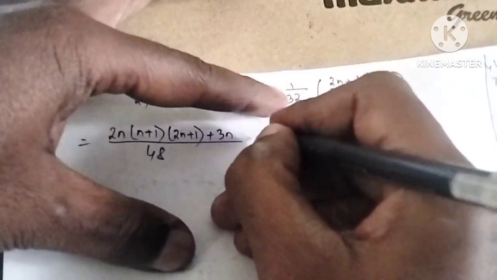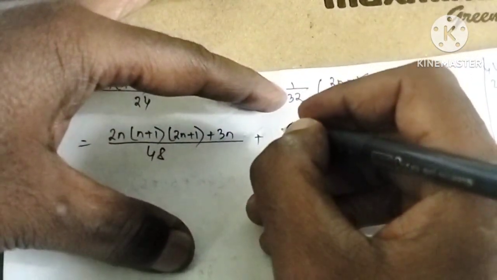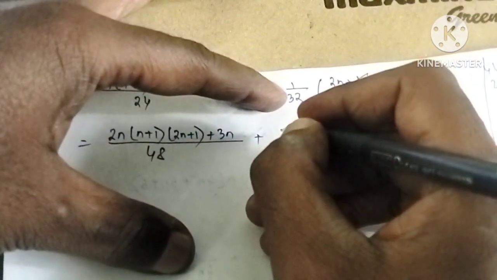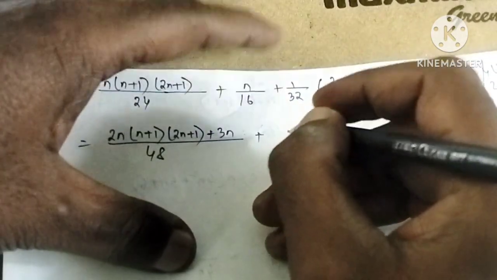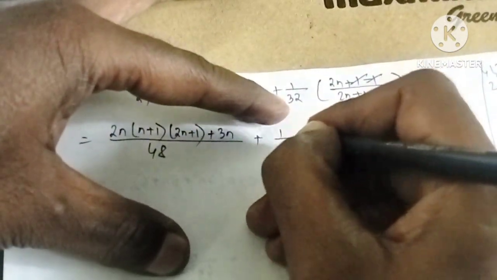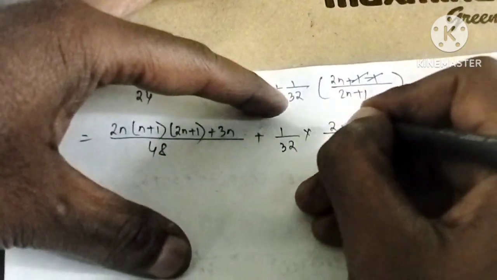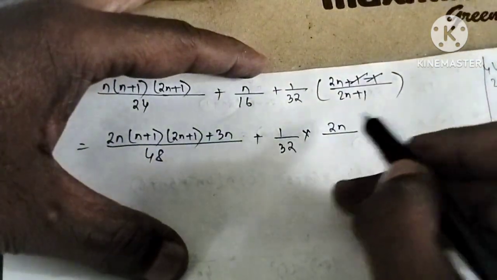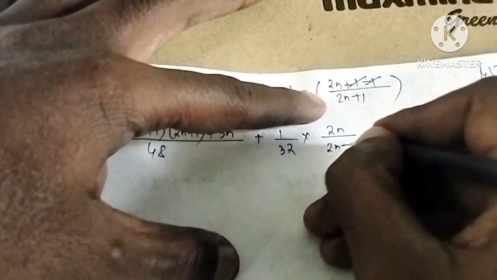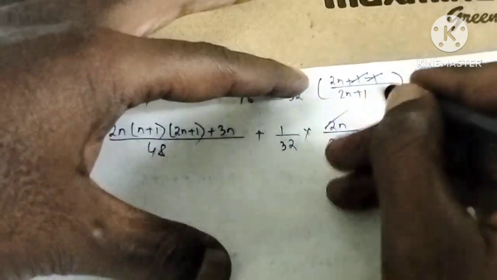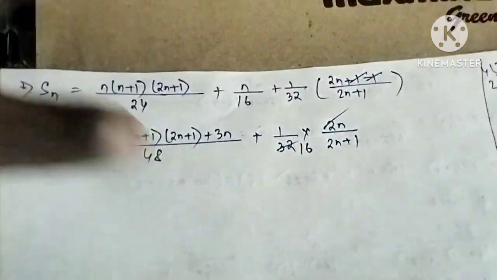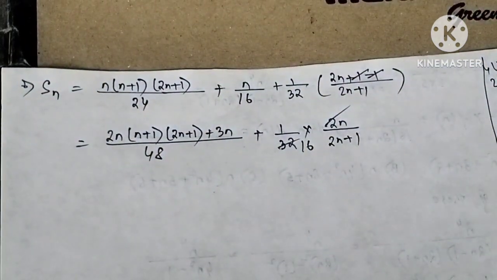Plus 1 by 32 into 2n by 2n plus 1. Okay, so 2 16s are 32.